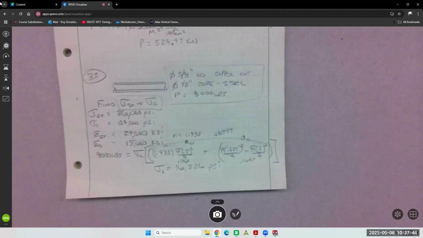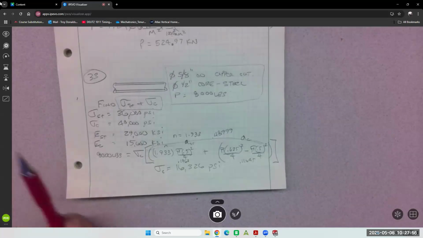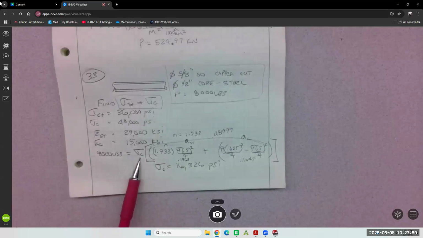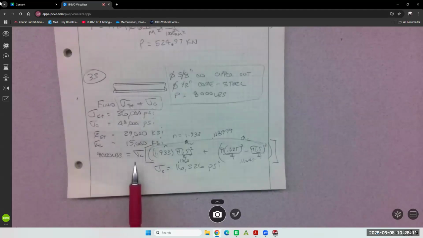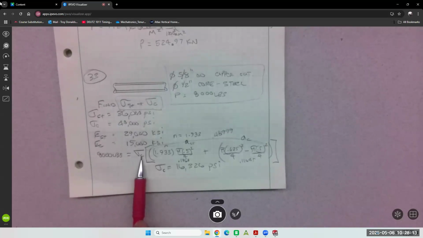Okay, so I wasn't here, so I had to learn elsewhere. What's the symbol for the C right there? Copper. No, what's the symbol? Sigma. Okay, sigma. So sigma of steel over the elastic modulus of steel equals the same thing but copper.